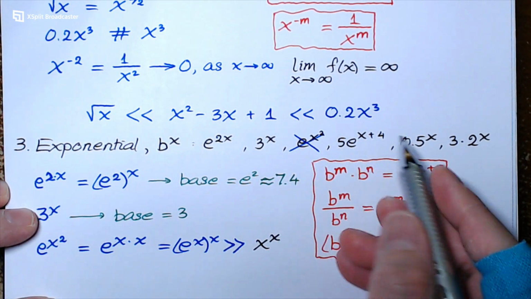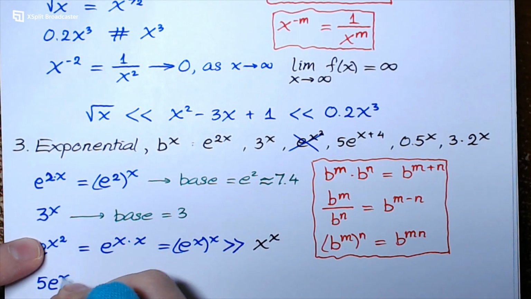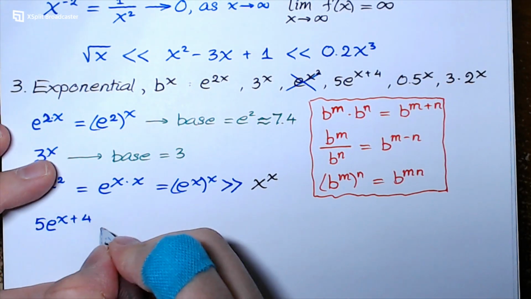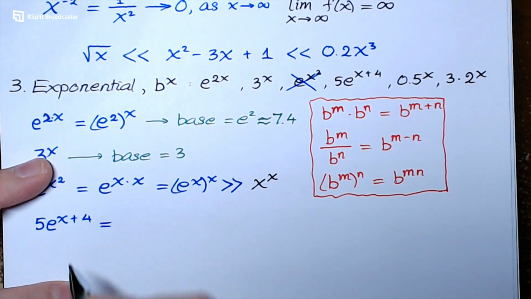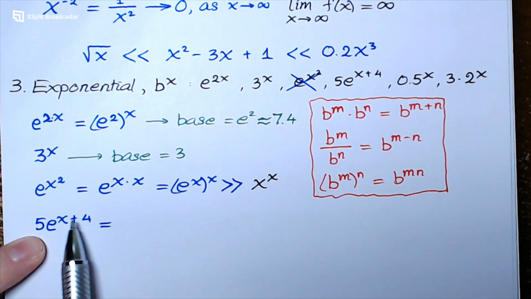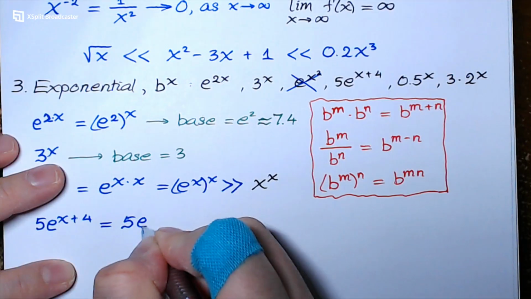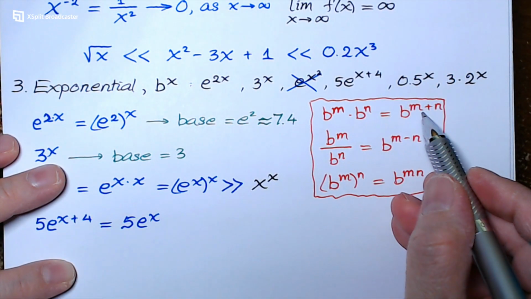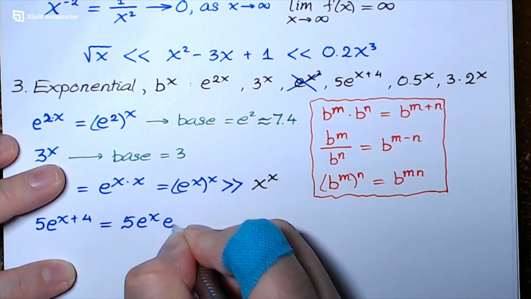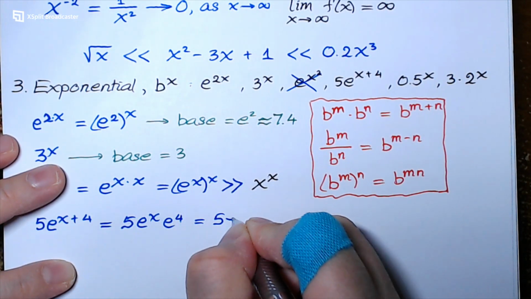Okay. We have 5e to the x plus 4. Now, for this, we can write it as 5e to the 4 times e to the x, and we use these properties from right to left. And then we can group the constant in front.